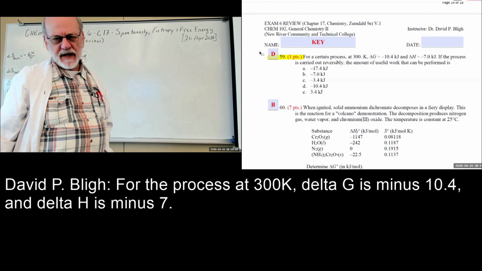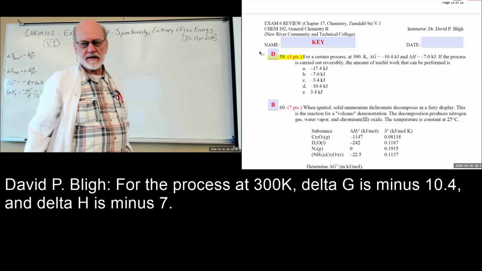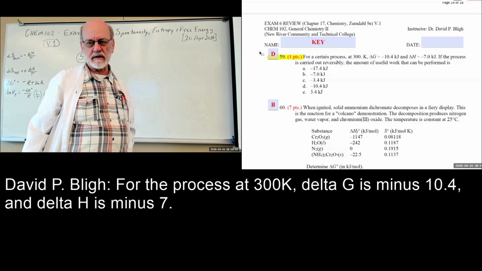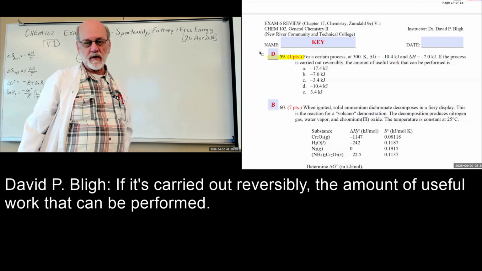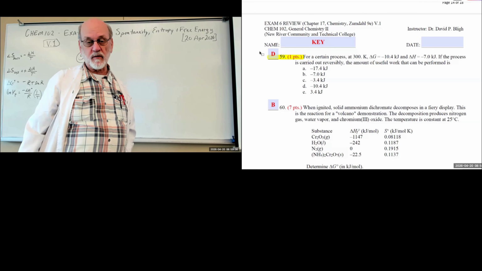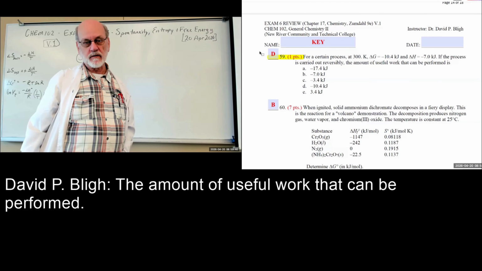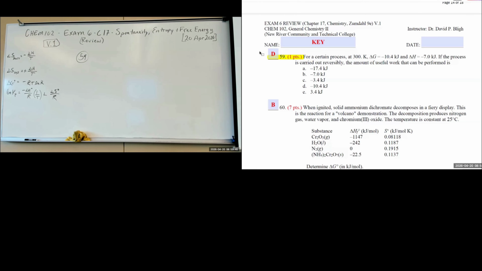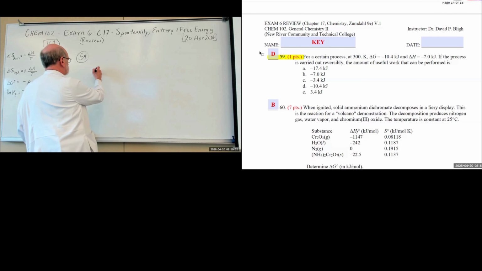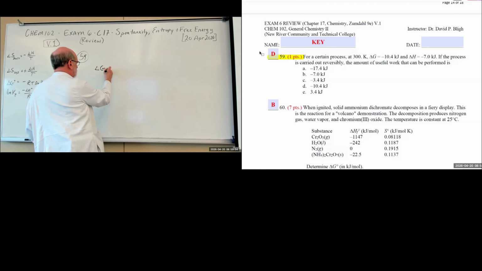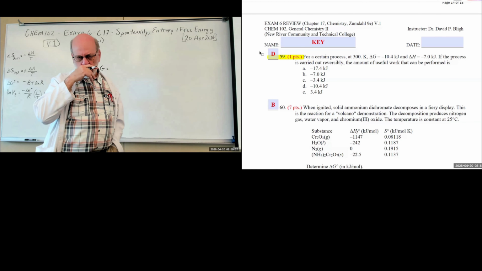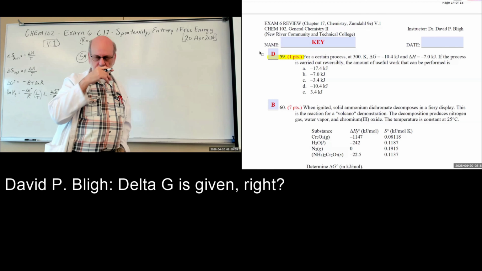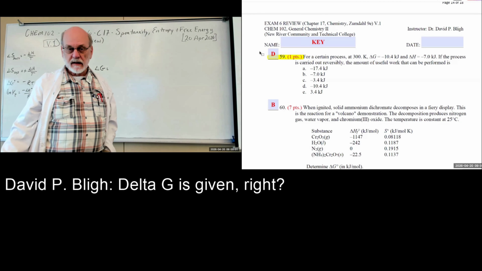For the process at 300 K, delta G is minus 10.4 and delta H is minus 7. If it's carried out reversibly, what is the amount of useful work that can be performed? Delta G is given, right?